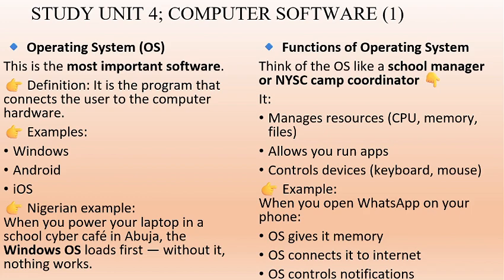How does it manage the resources? It helps to know where to distribute your storage, how to load your processing, how to make them work. So it helps to manage them.